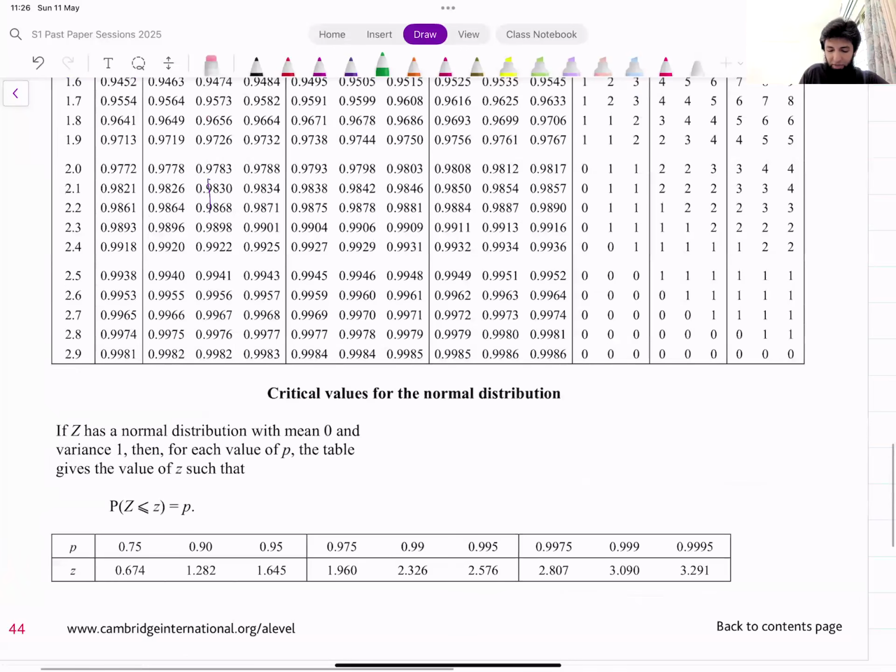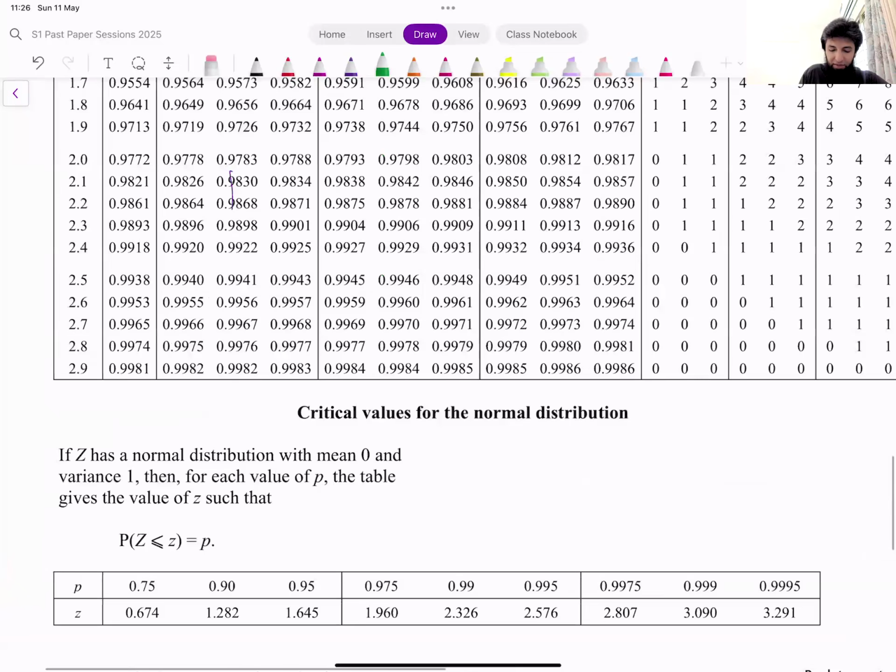For example, if the probability is 0.75, the Z value is 0.674. For 0.9, it's 1.282. For 0.9 in particular, from the table, you get 1.281 or 1.282 because the third decimal will be exactly in the middle. So it's either this or this. But in the marking schemes, they normally use 1.282 for this.